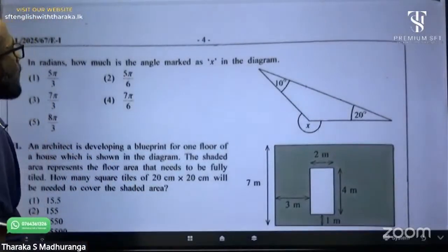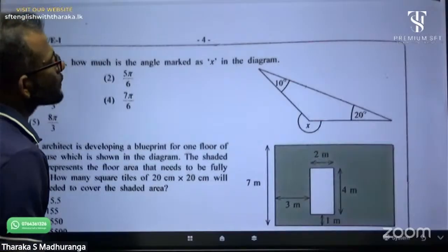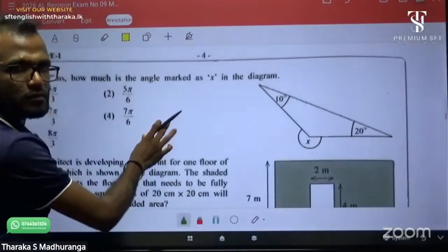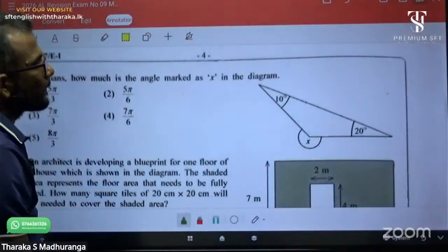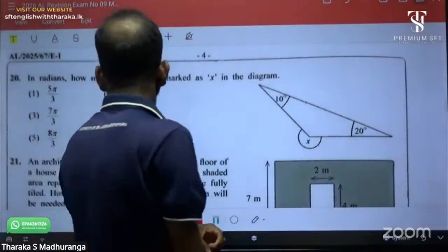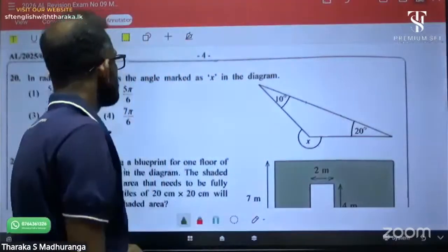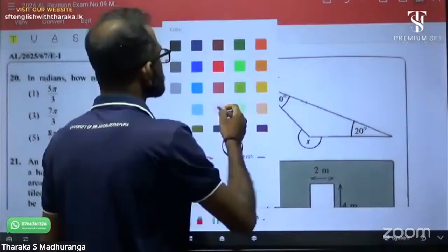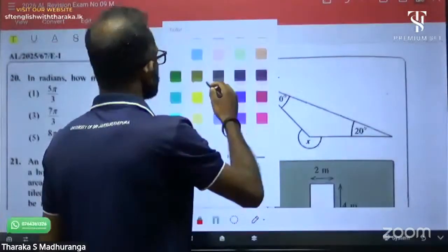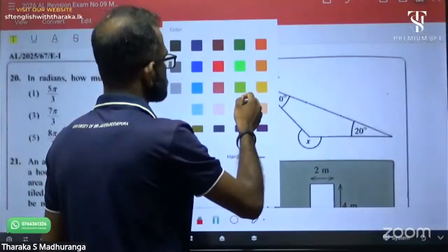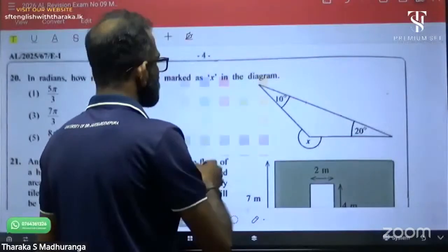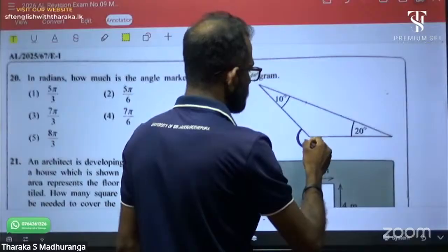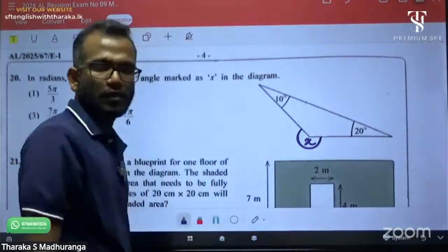In radians, how much is the angle marked x in this diagram? This angle x is being asked.